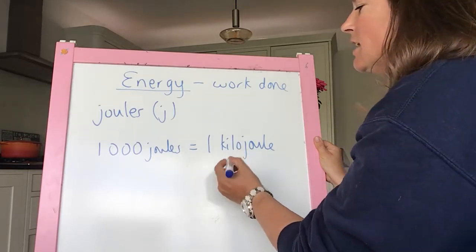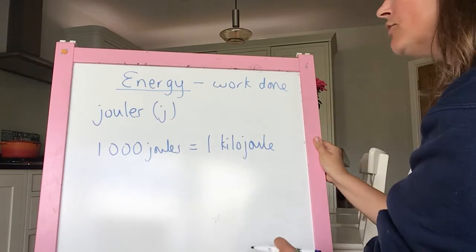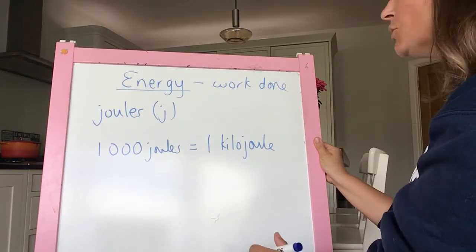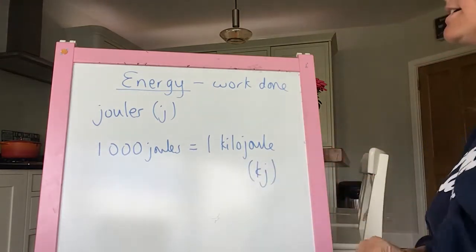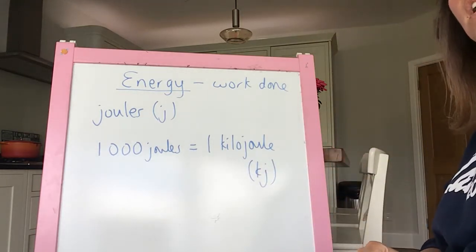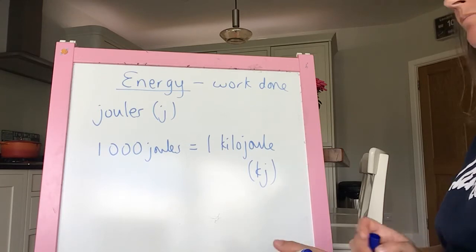The word kilo means 1,000. And if we don't want to write this out in full, the symbol for kilojoule is kJ, little k, little j. Just pause the video and write this down, then feel free.